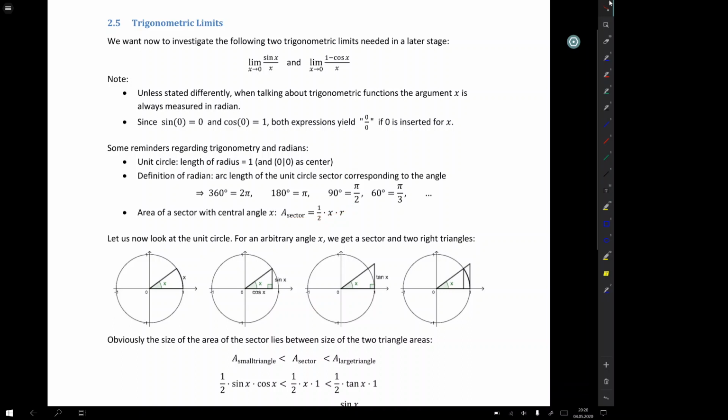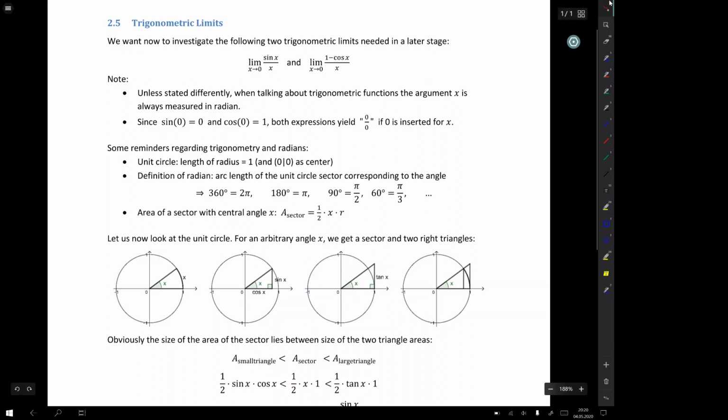And now let us look at a unit circle with some arbitrary central angle x. For that central angle, let's look at the corresponding sector here. Then let's look at this triangle by going from this point vertically down to the x-axis, and then let's extend this line such that we get this right triangle here.